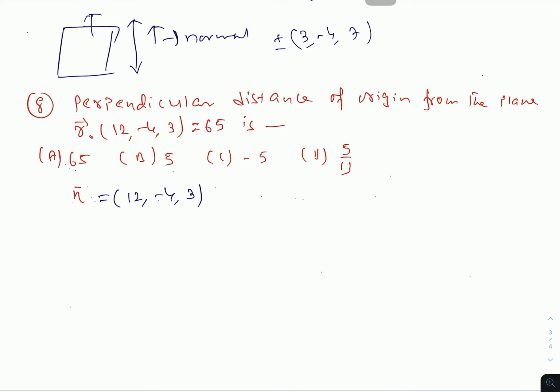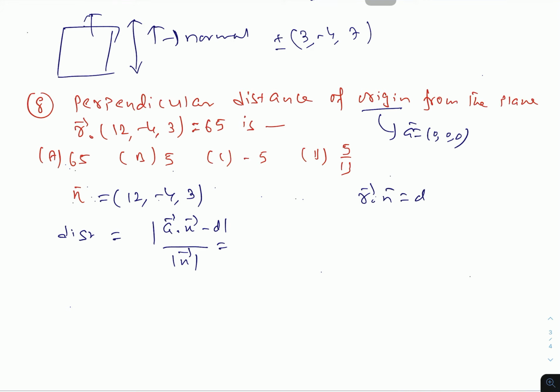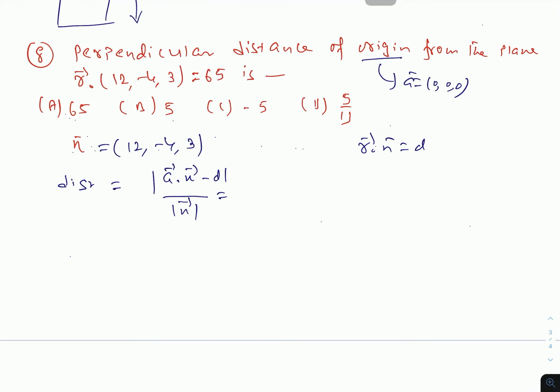Now what is the perpendicular distance from origin? So what is the distance? A bar dot n bar upon magnitude n bar, and minus d. R dot n equal to d is the equation of plane.